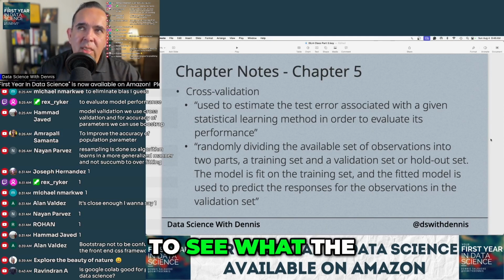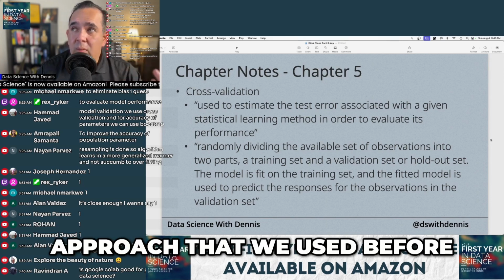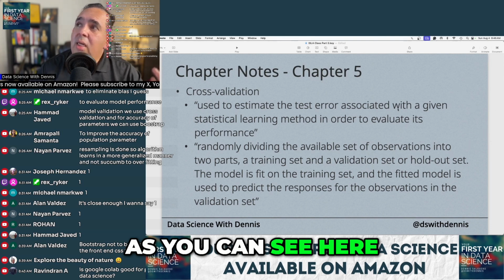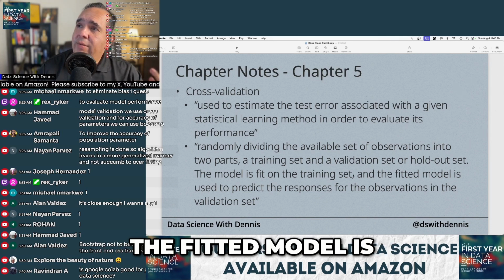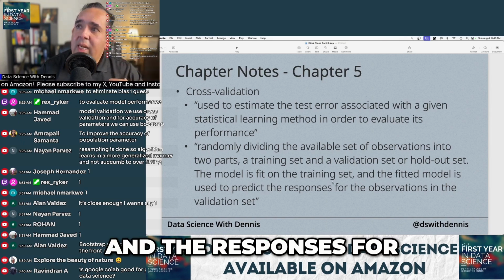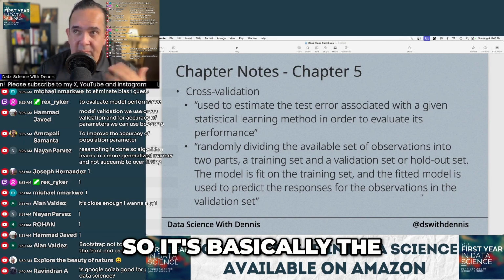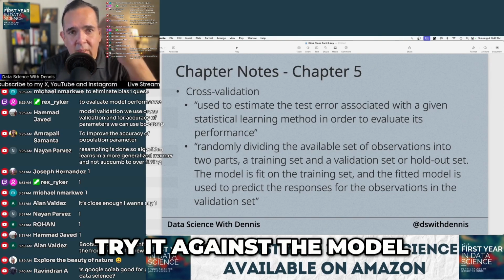So I want you to see what the authors wrote here because it fits the same approach that we used before, right? You can see here, divide the available set of observations, the fitted model is used to predict the responses for the observations in the validation set. So it's basically the same thing: here's the data, try it against the model, what are the metrics?